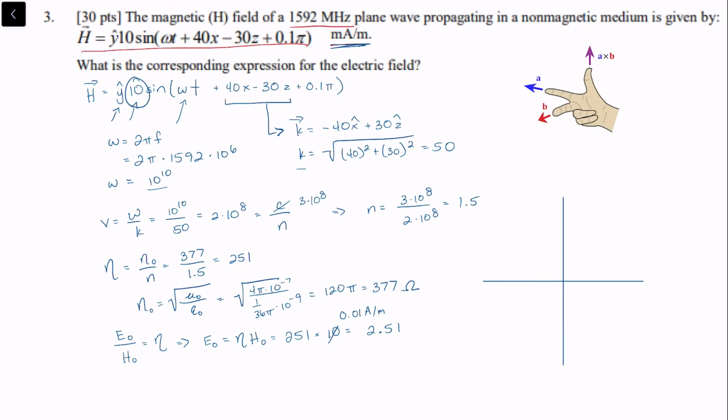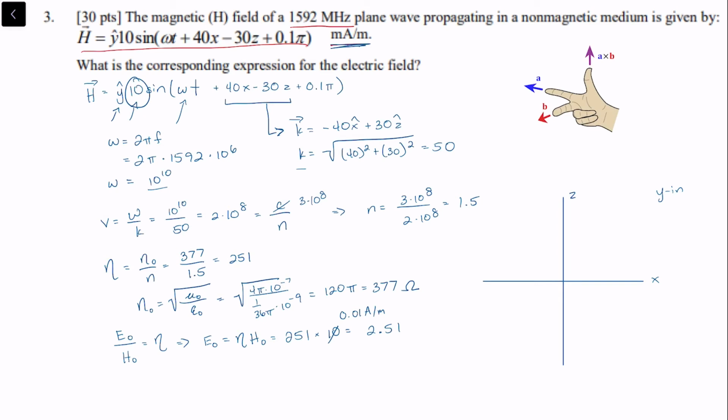So I like to use my k vector to figure out what my axes will be. So the k vector has x and z in it, so I will choose x and z as my axes. With x and z being my axes, we know that the y direction goes into the page. The positive y direction is into the page. Now we have a k direction.